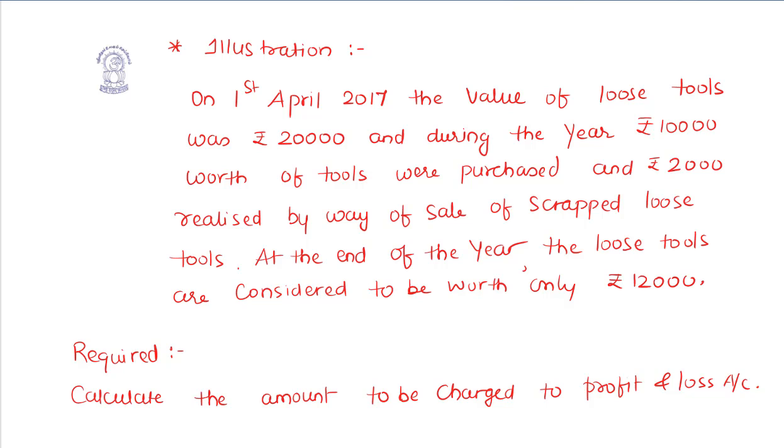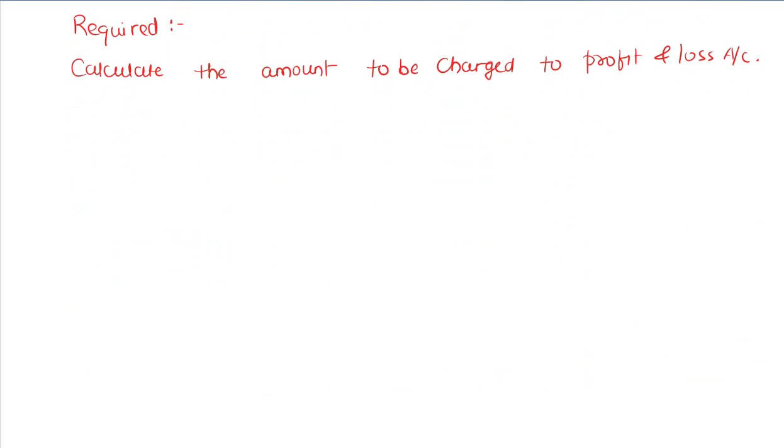At the end of the year, the loose tools were considered to be worth only 12,000, so there is a revaluation in the loose tools. Calculate the amount to be charged to the profit and loss account because of this. I believe you understood this. Let's solve it.